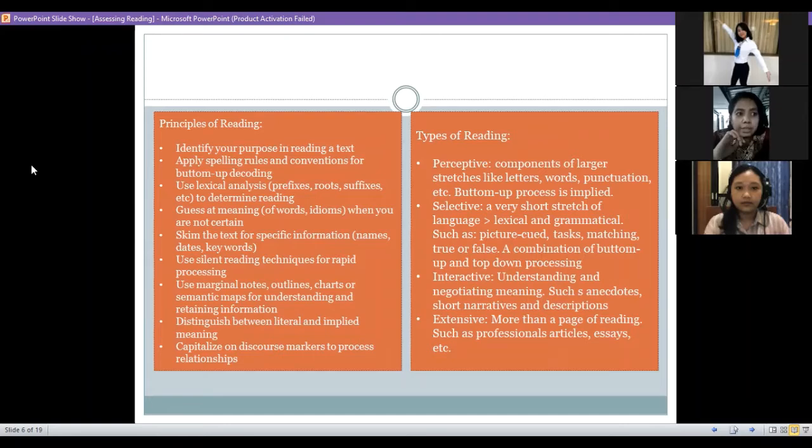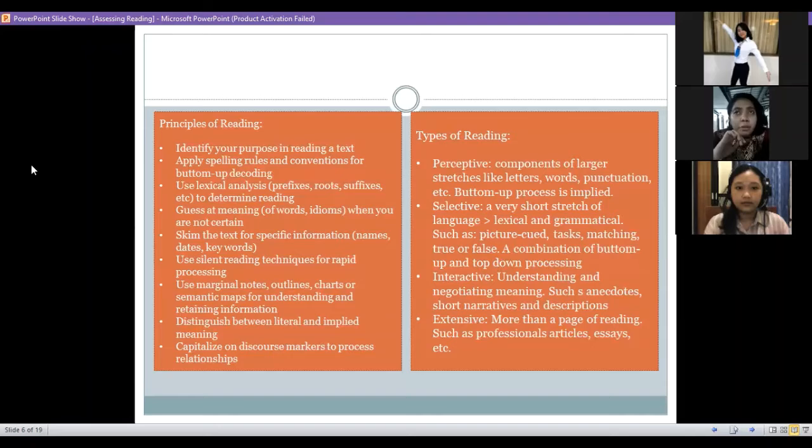And the fourth is guessing the meaning of words and idioms when you are not certain about the meaning of your reading. And then skim the text for specific information, so you can skim the text for names, data, and keywords. And then use silent reading techniques for rapid processing.